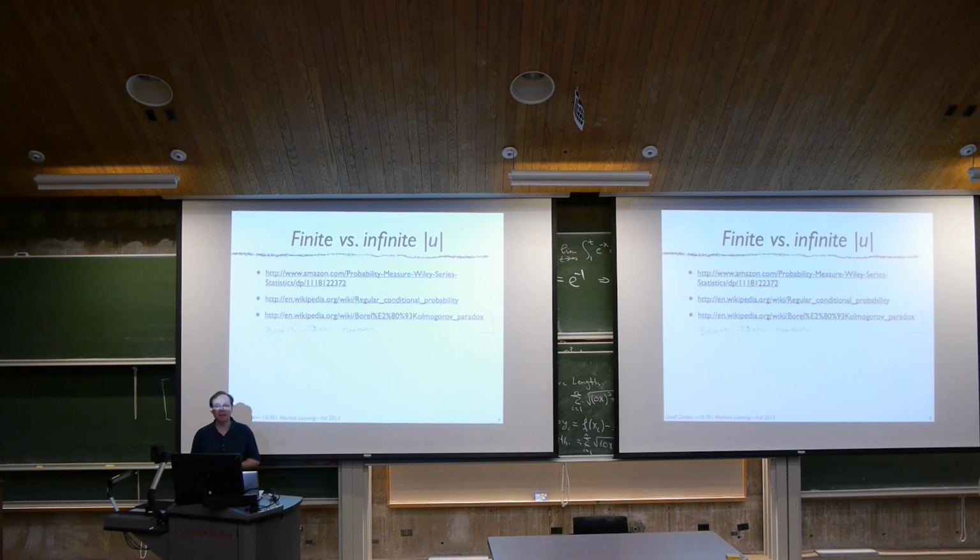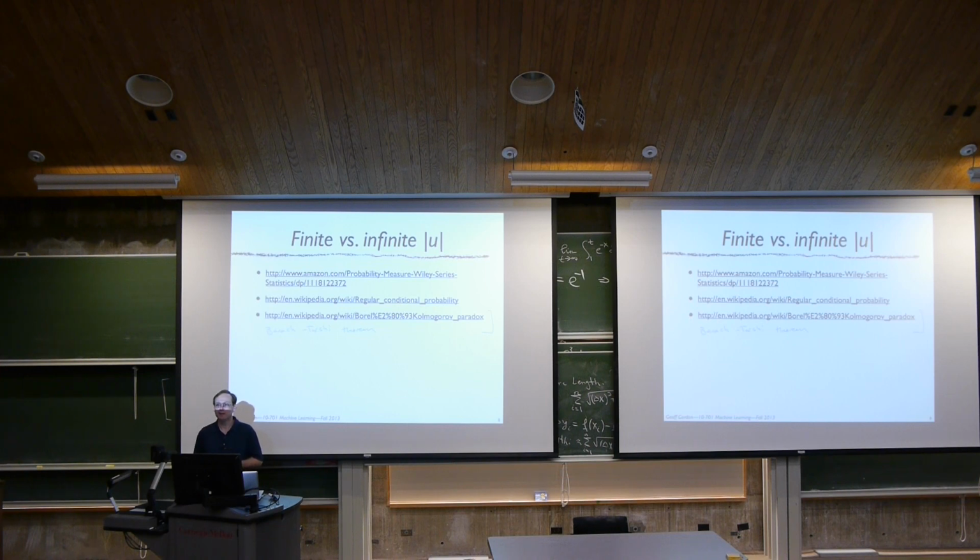It turns out that because of this division by 0 error, unless you're really careful about how you define conditional probabilities in an infinite universe, you can get 2 different answers for the same conditional probability depending on how you calculate. So you should be worried about it, but you shouldn't be that worried about it.